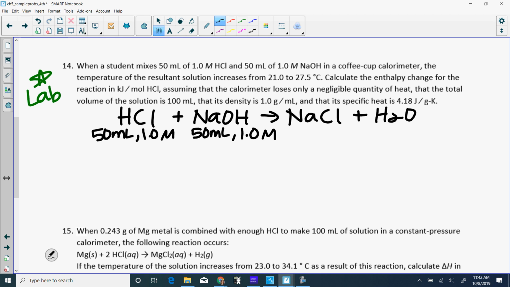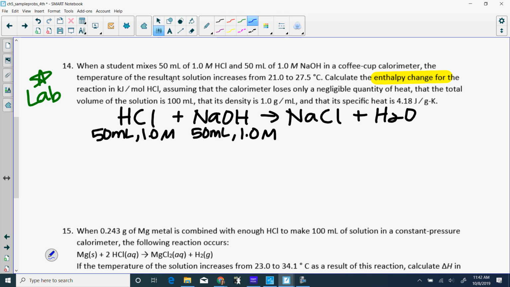In a coffee cup calorimeter, the temperature of the resultant solution increases from 21 to 27.5. Calculate the enthalpy change. It doesn't say calculate the heat. It says calculate the enthalpy change for the reaction in kilojoules per mole.